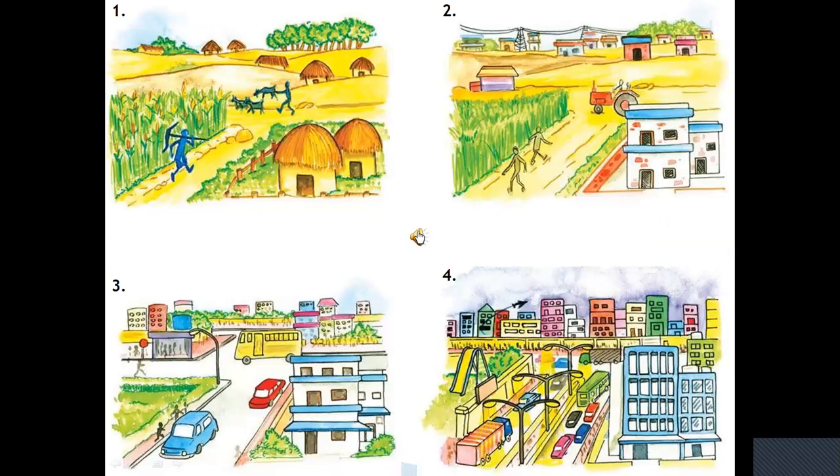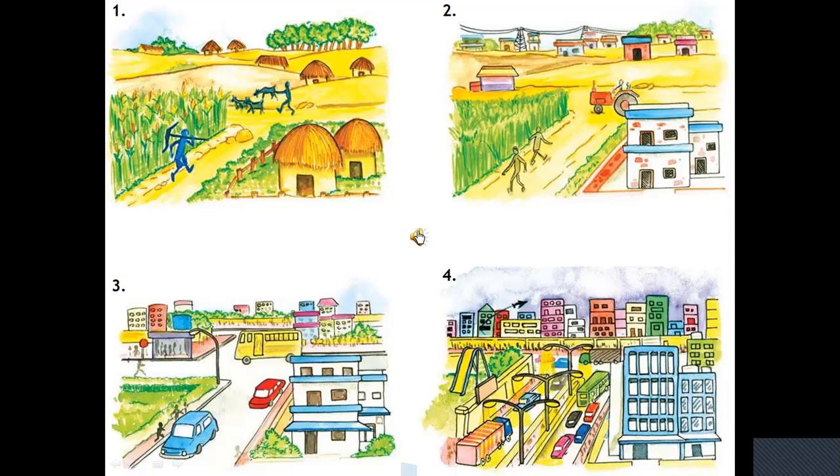Slowly they have changed the houses from kacha houses to pakka houses, and some machines like tractors are being used on the land. Agriculture is there, but some trees have been cut down because of the construction of the houses.